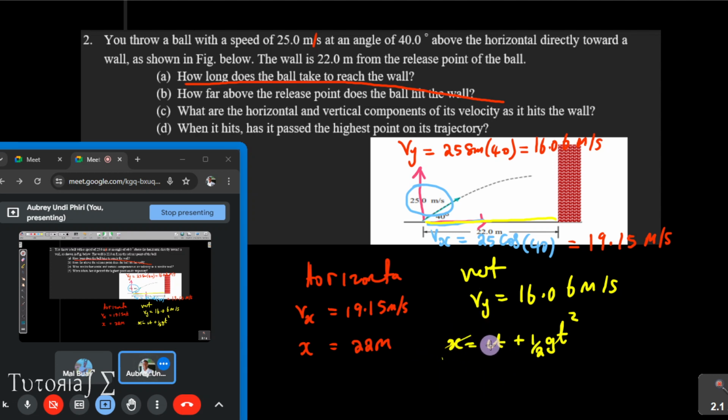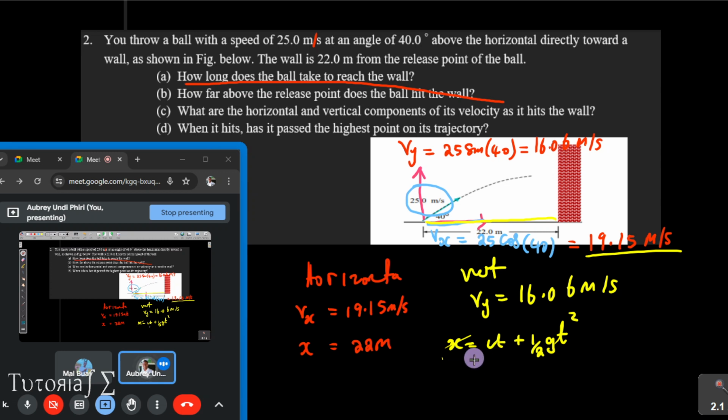Basically, our initial velocity will be the velocity that we have. Our x is the distance that it has moved. Our g is our acceleration due to gravity. Then t is the time it takes to cover that displacement. Is that okay?